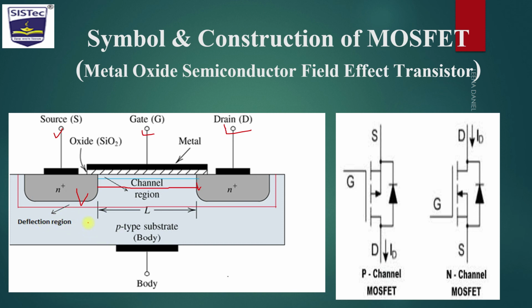Hence its name is enhancement MOSFET. There are two types of modes possible, but in power MOSFET I will explain only the enhancement mode. Depletion mode is also there, where the thickness of the channel gets depleted. But here the thickness of this channel increases as we increase the positive voltage through this gate.